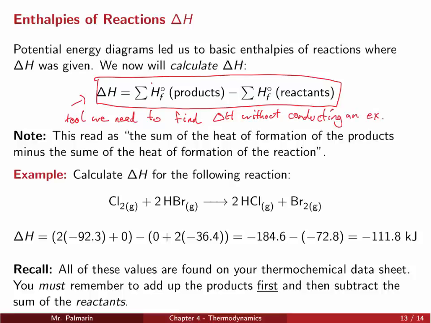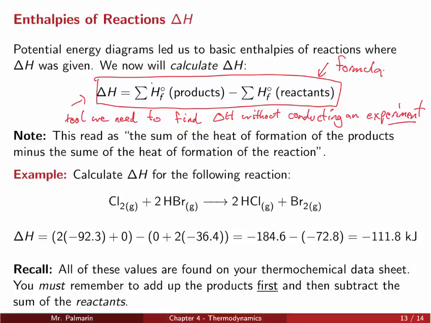In other words, this is a theoretical way of calculating delta H. You can do this for any single reaction. You can go back in your notes, find some of the chemical reactions, and just calculate the theoretical amount of heat produced or absorbed in those reactions using this principle. And there's the formula, so you should highlight this in your notes.